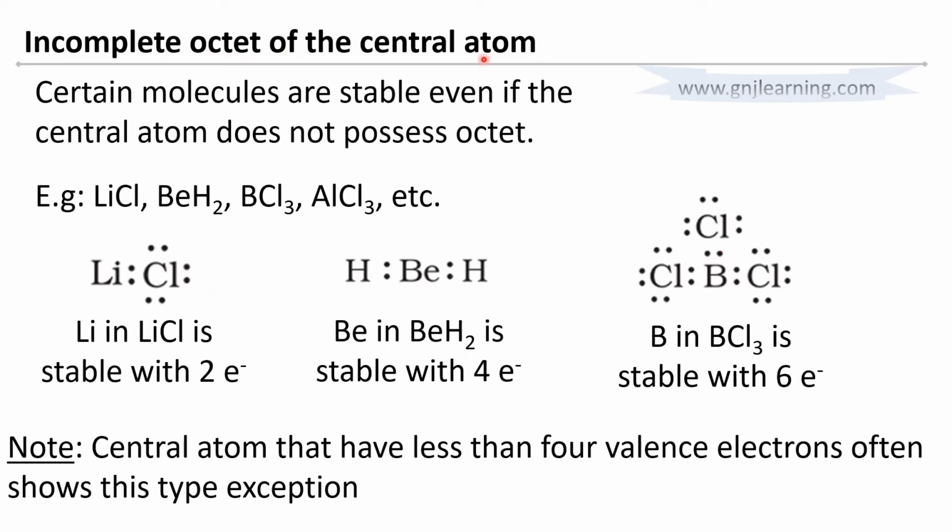We have 5 or 6 exemptions to learn. And which type of atoms will show this? It is the atoms which have fewer than 4 valence electrons that normally show this type of exemption.